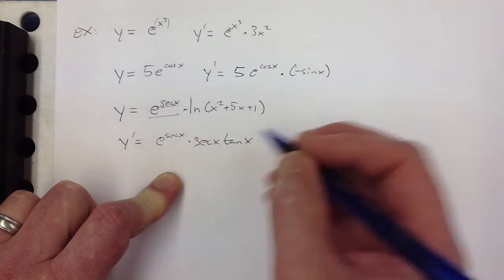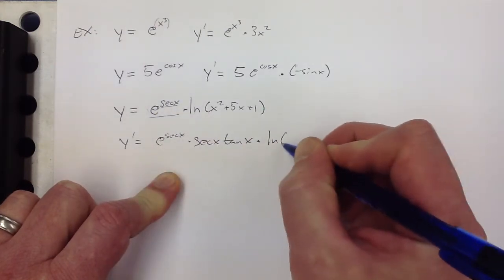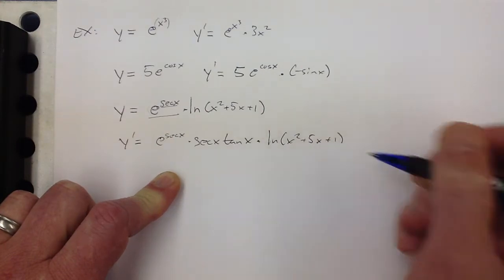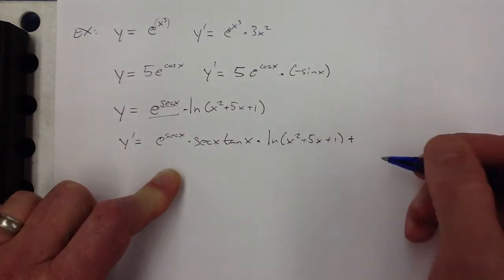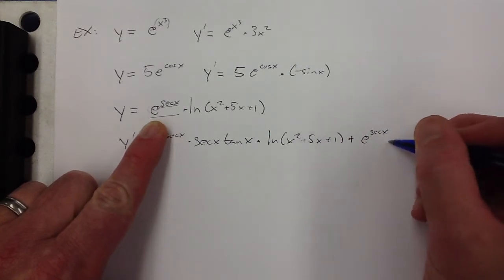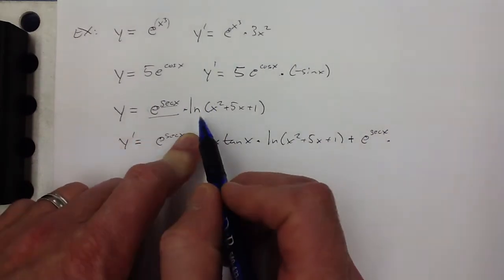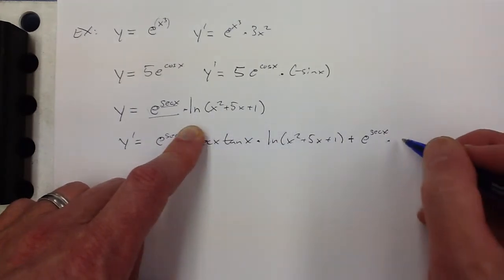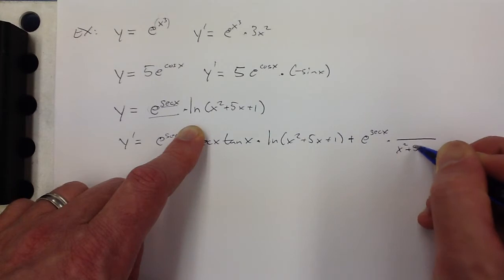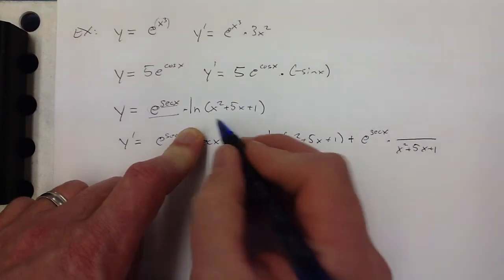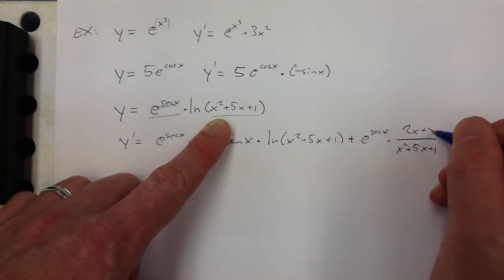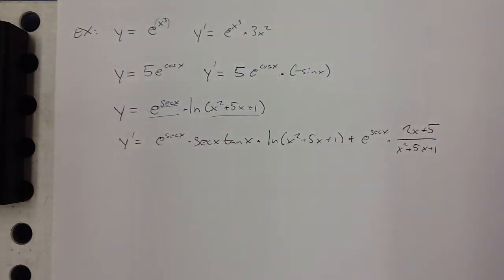That's the derivative of the first times the second, plus the first times the derivative of the second. The derivative of natural log of whatever is 1 over whatever times the derivative of what's inside, which is 2x plus 5. Now there's your derivative.